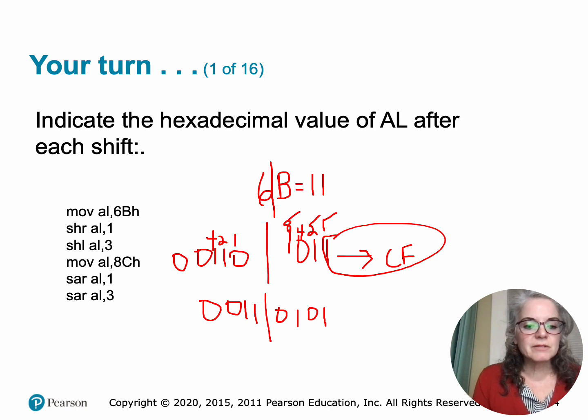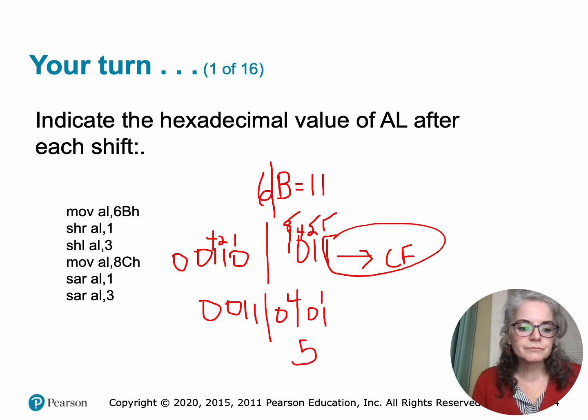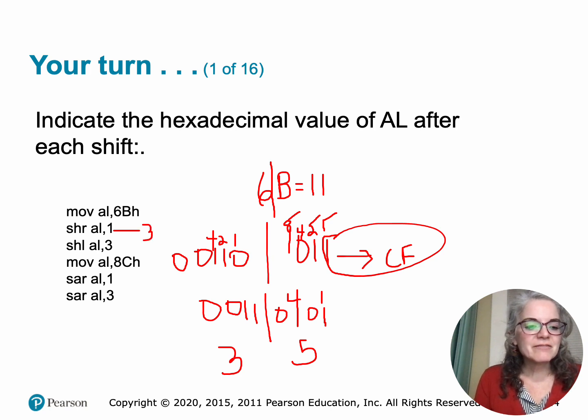So then I'm going to convert this binary number to hex. This right-hand side is 1 plus 4, so this is a 5 here. And then this one is 1 plus 2, so this is 3. So this is 35 hex. So at this point, we have 35 hex.